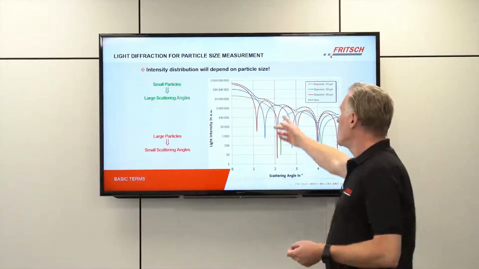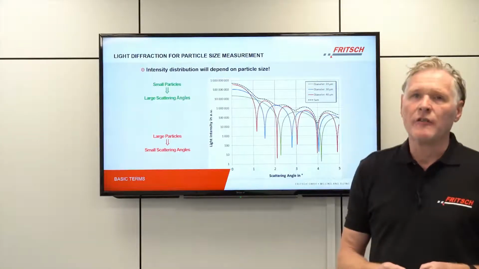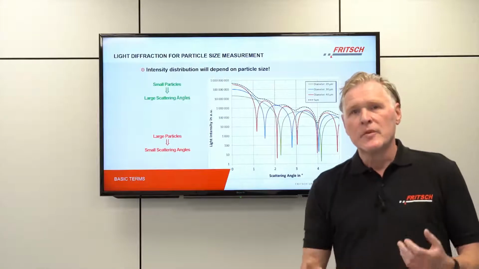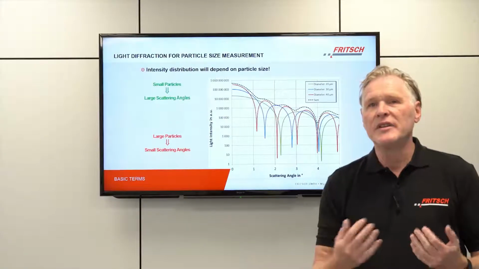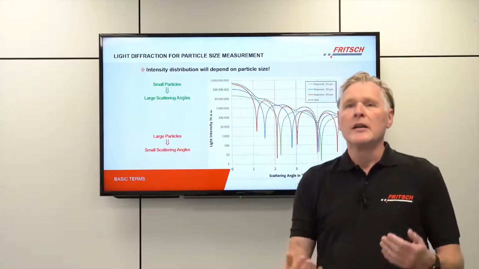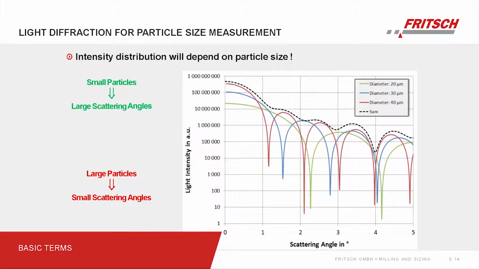Here already shown with this black dashed line is the superposition of just 3 different diameters. Now the challenge is to calculate from this superposition of the intensities the separate particle sizes and therefore the particle size distribution.